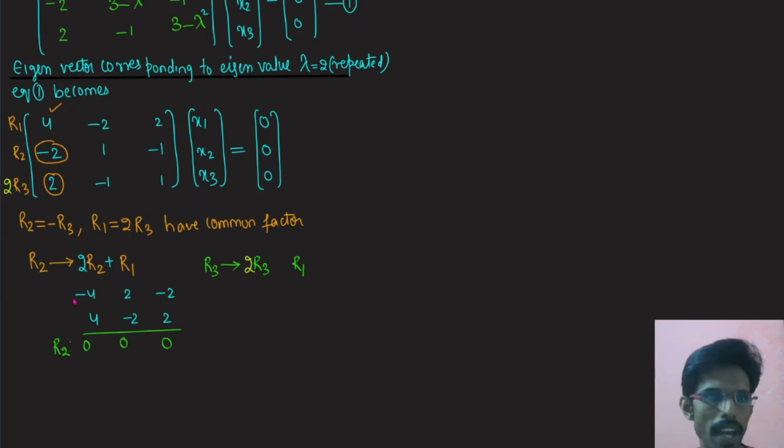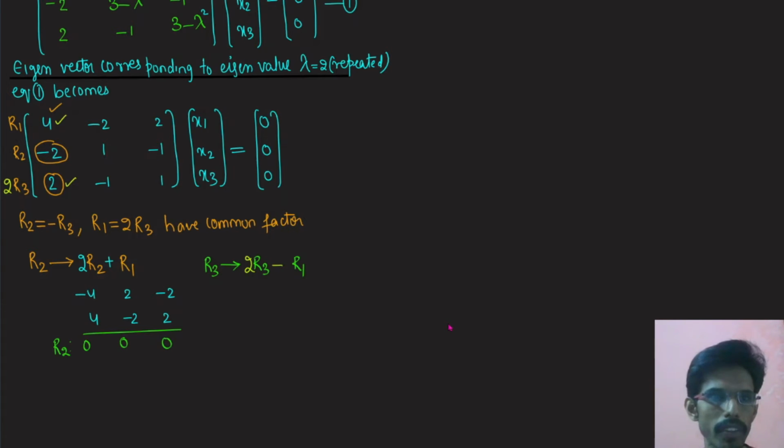Since R1 and R3 have the same sign, this 4 and this 2 have the same sign, that's why I am writing minus here.